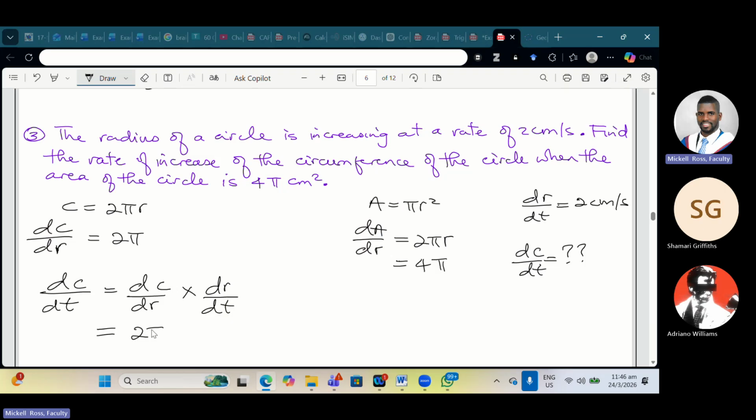This is going to be 2 pi. Find the rate of increase of the circumference.